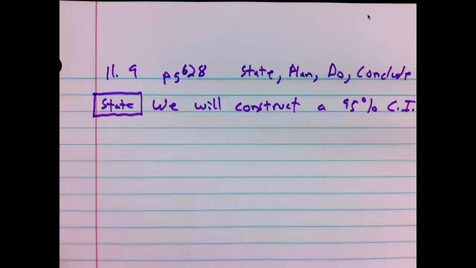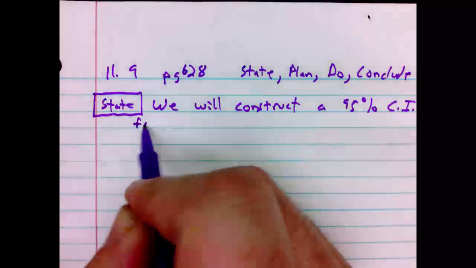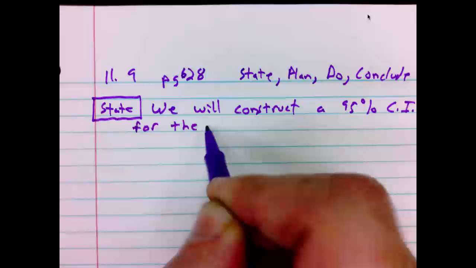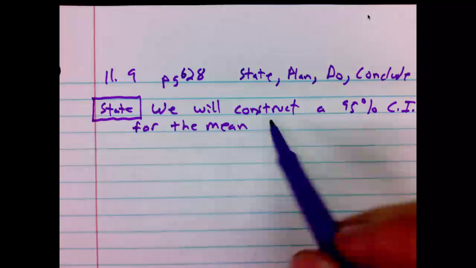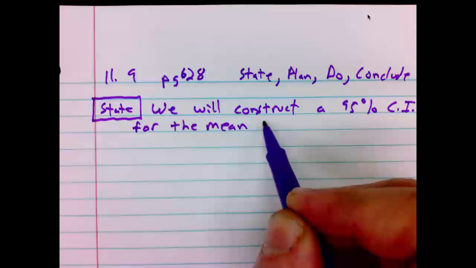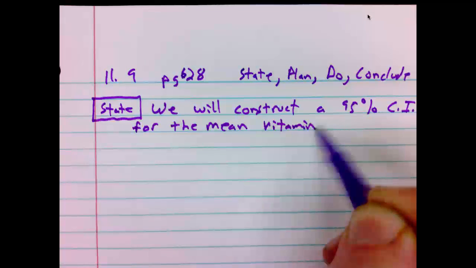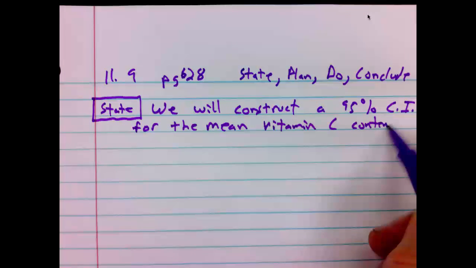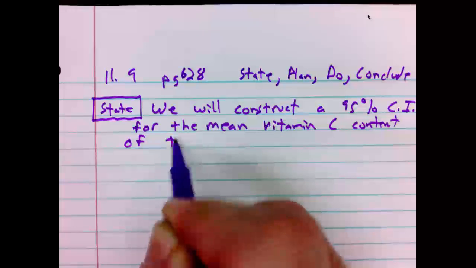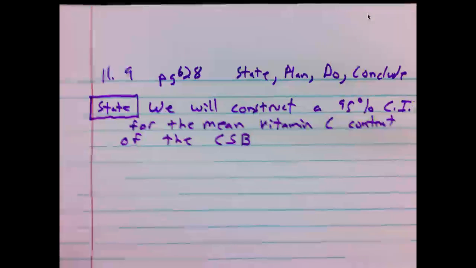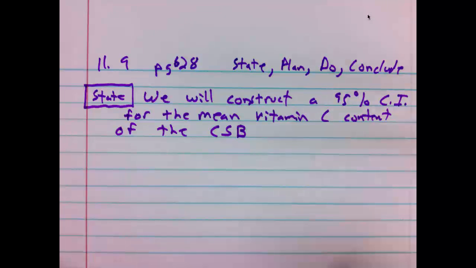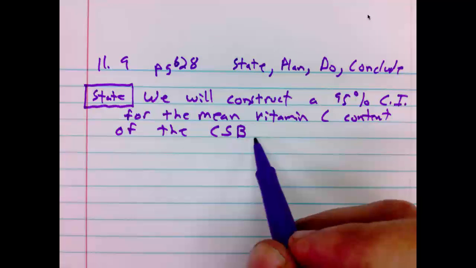We will construct a 95% confidence interval for the mean, and simply use the words in their statement: mean vitamin C content of the CSB. All right. There is our statement. Very easy in the confidence interval.